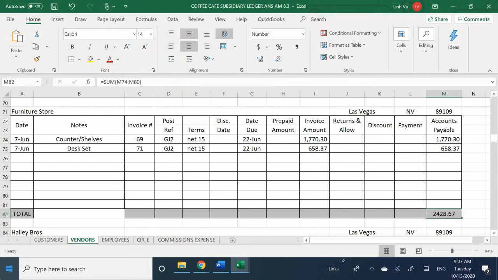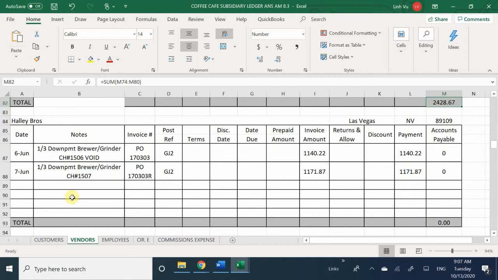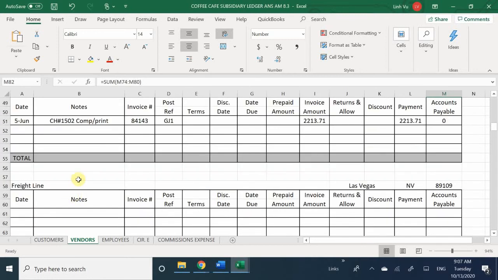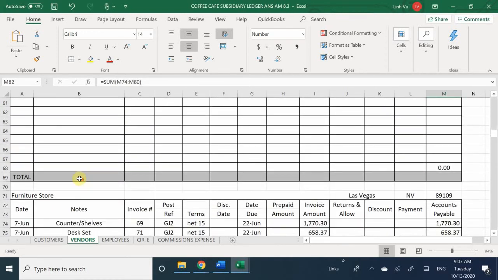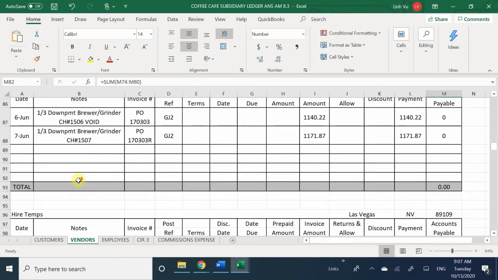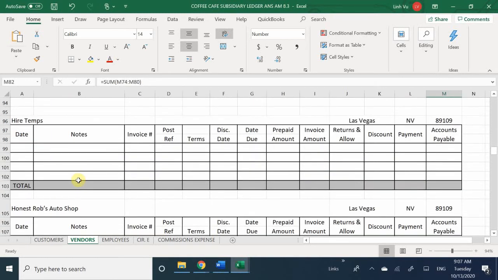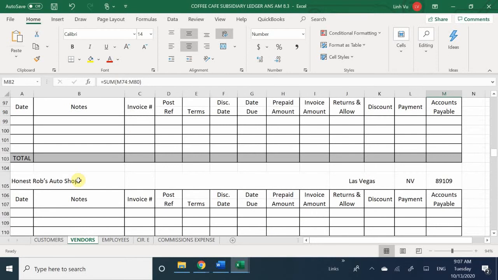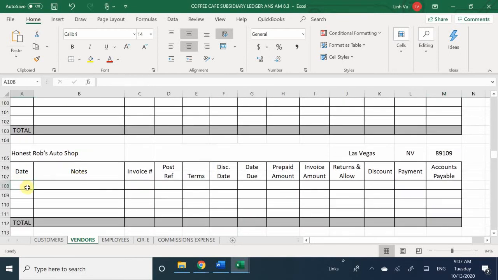Subsidiary. Yes, we're dealing with Honest Rob's little shop here. So let's go find Honest Rob. Here's Honest Rob. I'm going to go ahead and indicate the date here. Here you can write that you got a truck.